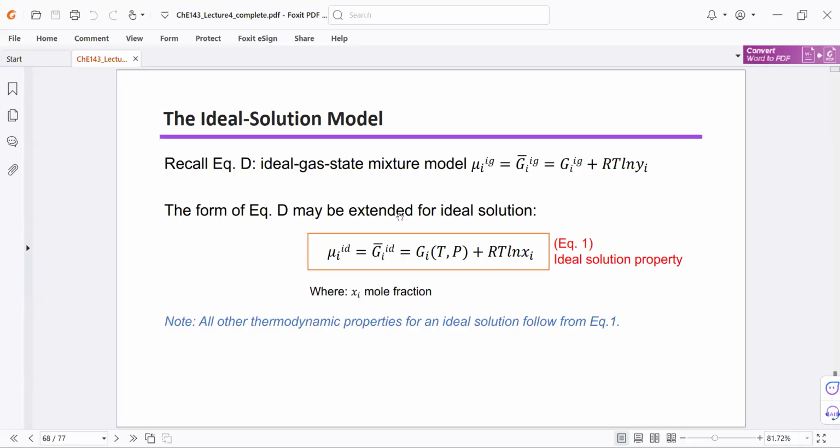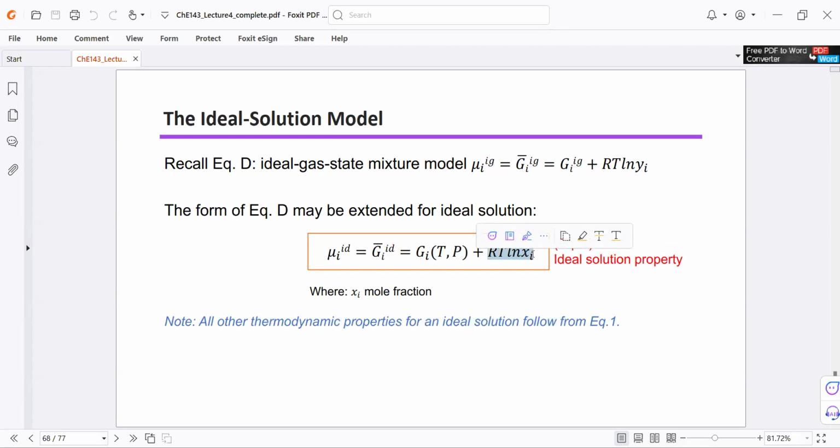Now we move back to the lecture slides. We're still in the ideal solution. I forgot to tell you that in this equation, the first term is temperature and pressure dependent. So the Gibbs free energy of species i is temperature and pressure dependent.